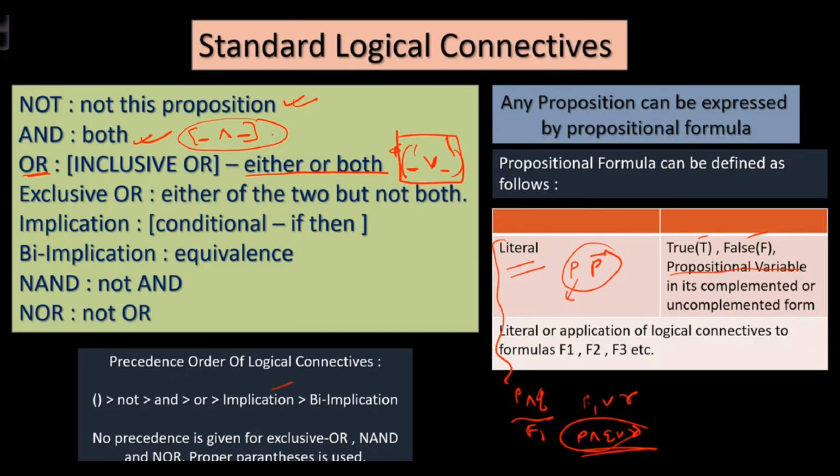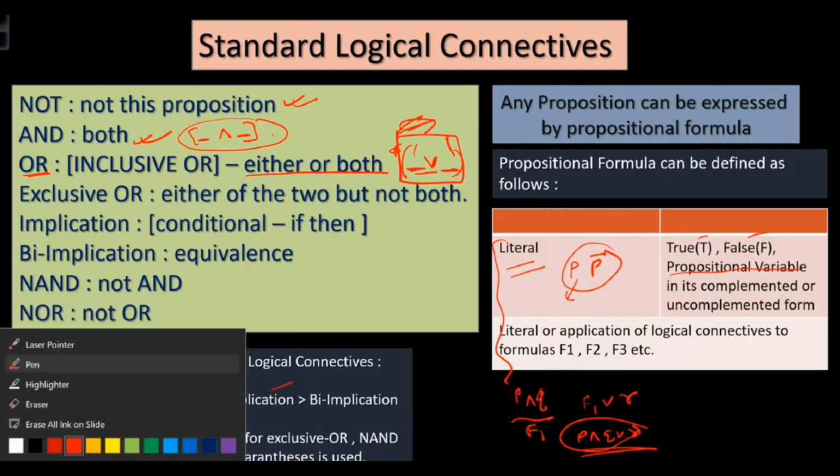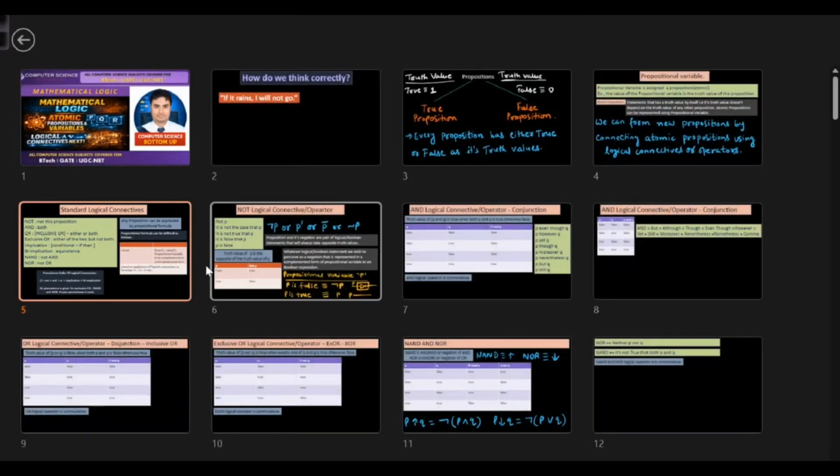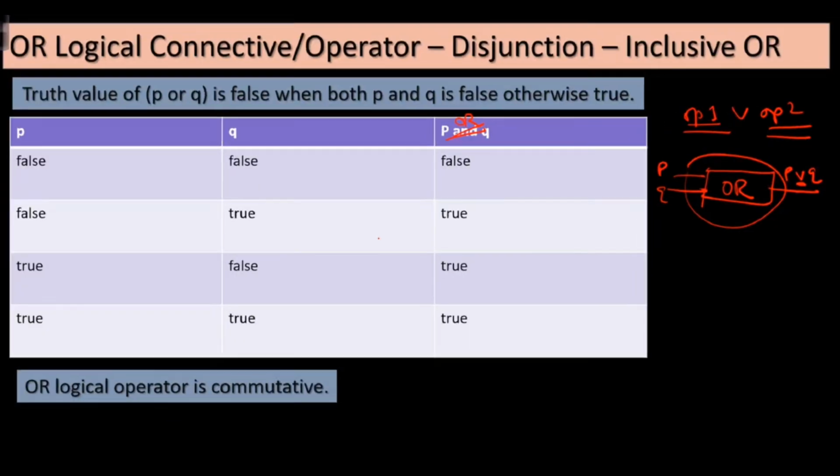So when will this entire expression be false? When both of them are false. There is only one situation when this entire expression would be false, and that is when both of these operands are false. So let me show you the truth table of OR again.